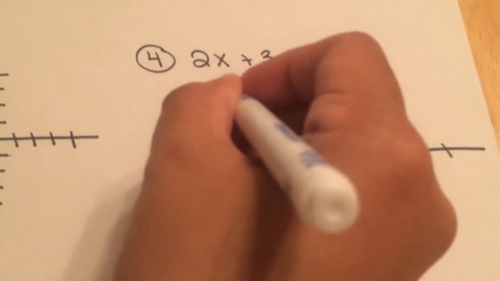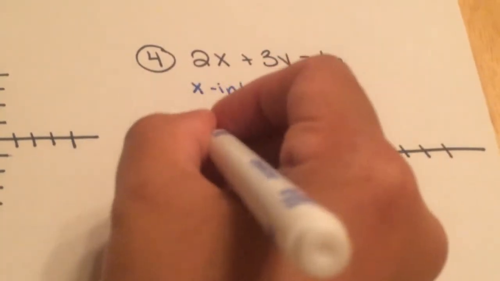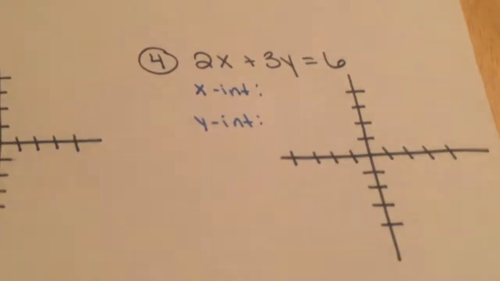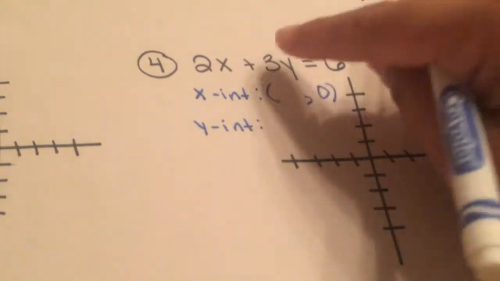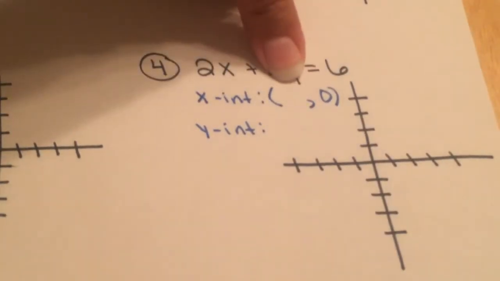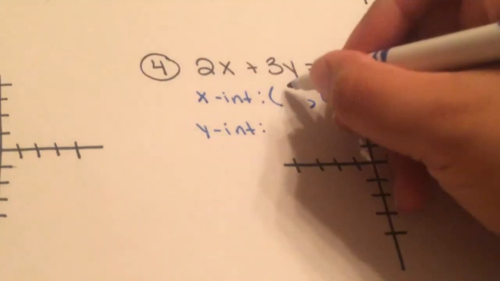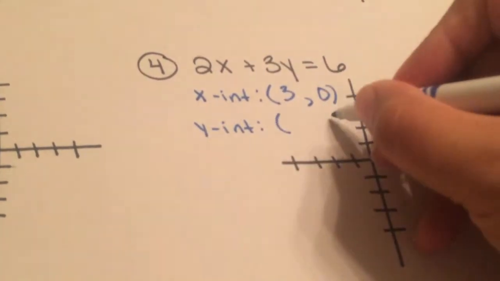So I'm going to first find my x-intercept. And again, to do that, we know we have to cover up our y. And when we do that, we know that 2 times what equals 6? Hopefully we know it's 3.